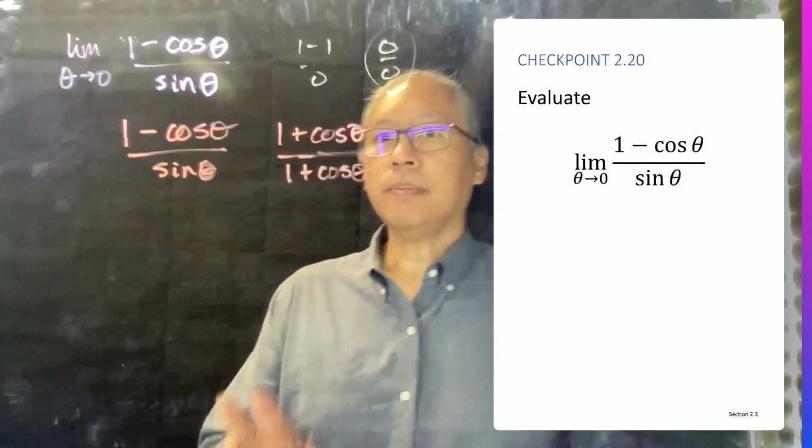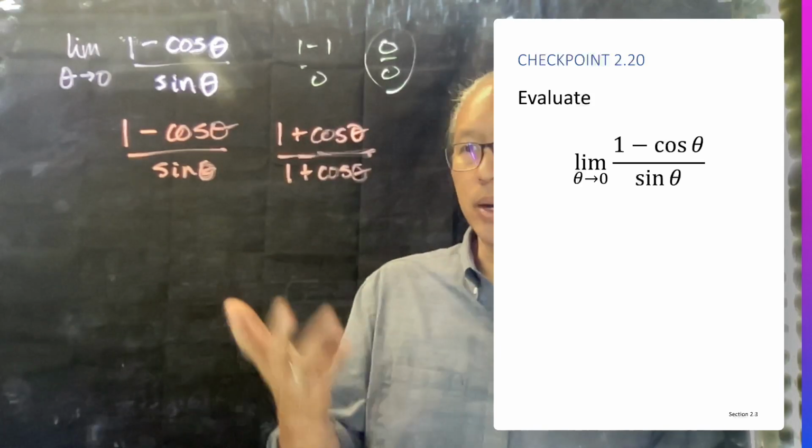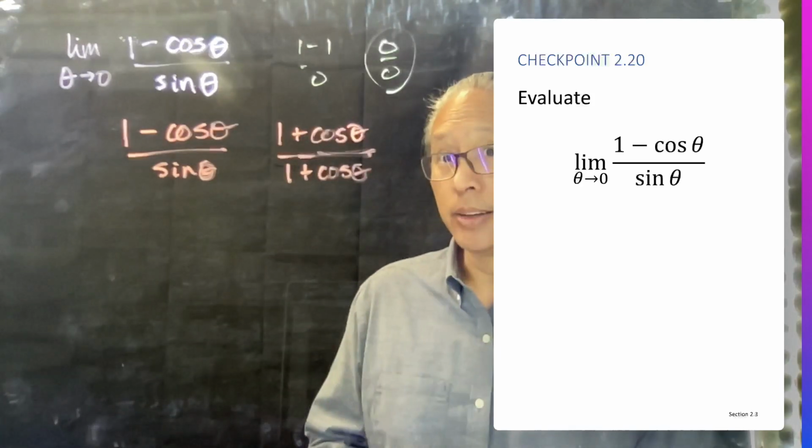Now we have to multiply top and the bottom so that we can simplify it.